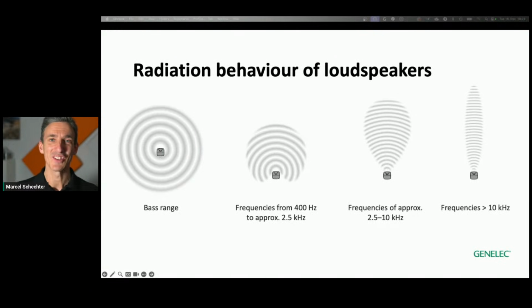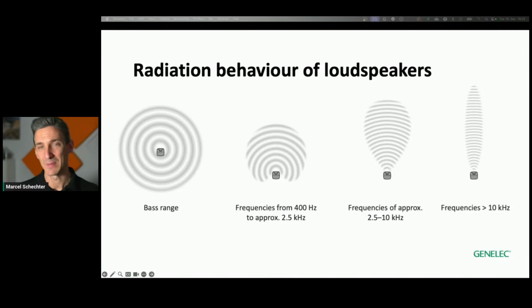What makes things even harder is that a speaker does not just bring the sound to us in a perfect directive way. In the bass range, every speaker is omnidirectional. So even if you have really large membranes like 15-inch, 18-inch, it's still omnidirectional. So the energy travels everywhere, which makes it hard because this is usually not what you want, especially if your room is challenging as well. So be aware of that.